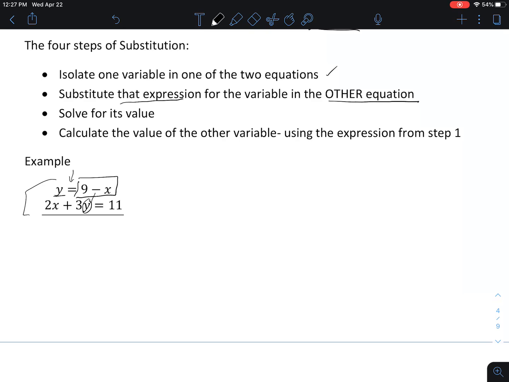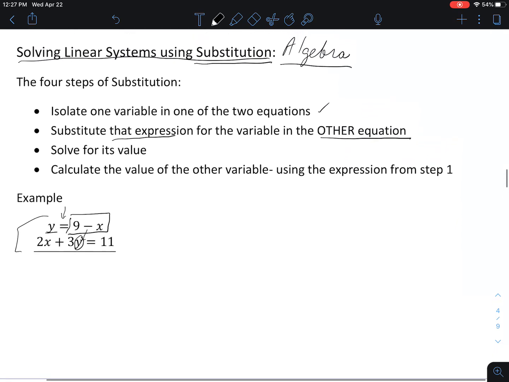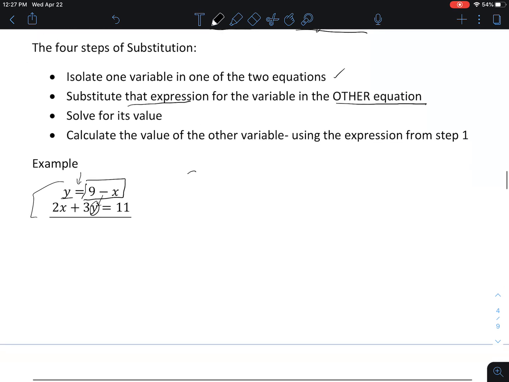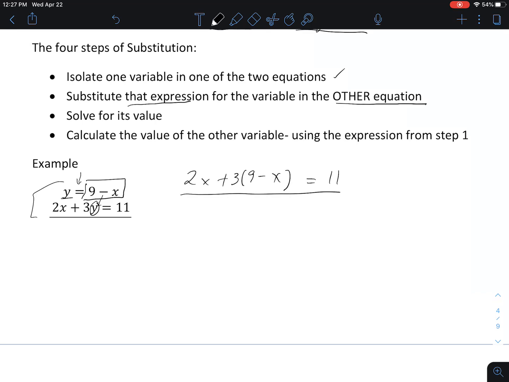That's what that equal sign means. So now, in the other equation, I'm going to replace y with 9 minus x. My second equation becomes 2x plus 3y is 11, except y is 9 minus x.